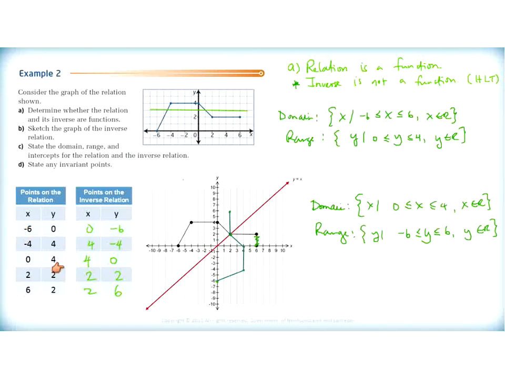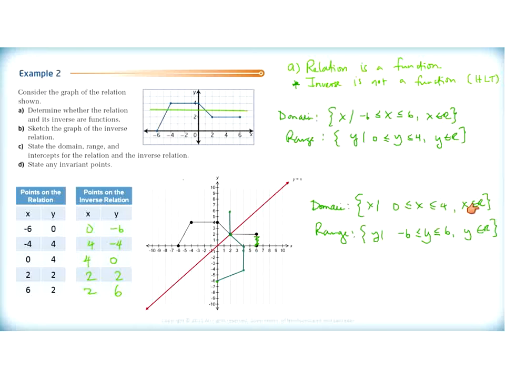The x values here became the y values here. So my domain here became my range here, and the range here became the domain here. So by switching the x and y values, we automatically switch the domain and range. So if I know the domain of the original function, I know the range of the inverse. If I know the range of the original function, I know the domain of the inverse.